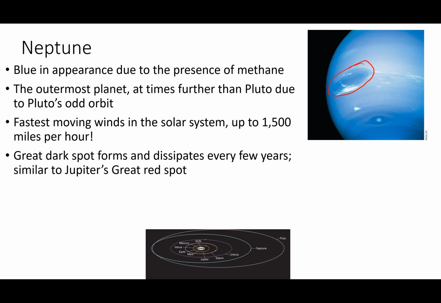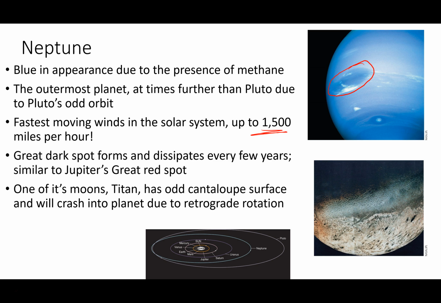But the thing about Neptune is the wind speeds are the strongest in the solar system. That's pretty cool. So all of the gas giants, including Neptune, have moons in orbit about them. This is one of the moons that orbits Neptune, called Triton.